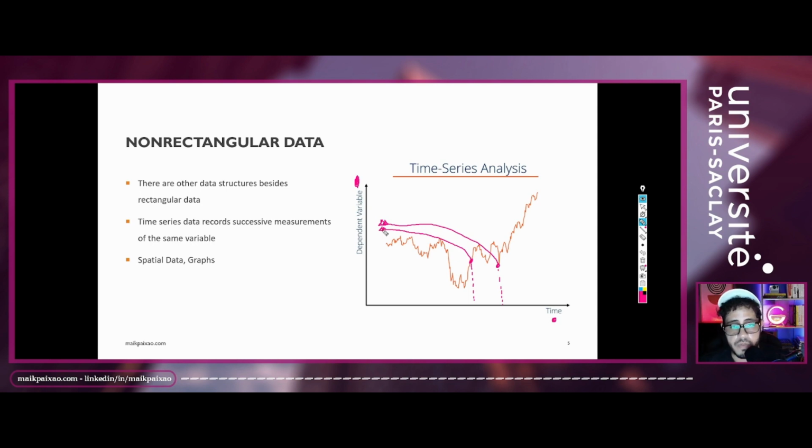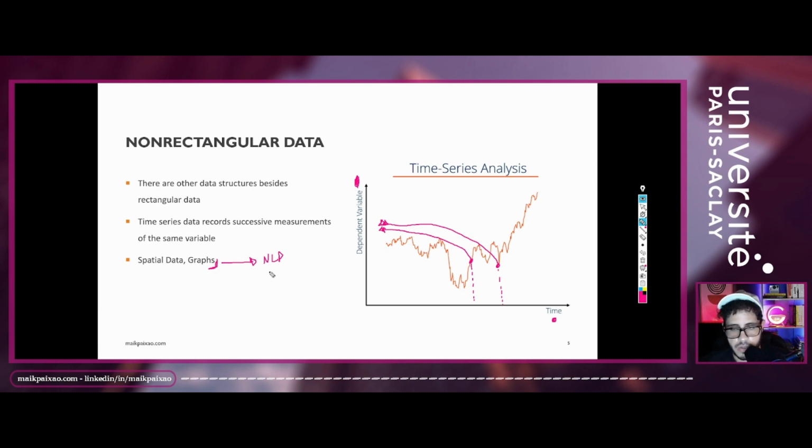We also have other examples like spatial data and graphs, and I'm not going to talk about them right now, but if you take my class on NLP, I'm going to talk a lot about graphs. You guys will see why this kind of data structure is not rectangular, and it's actually very different.